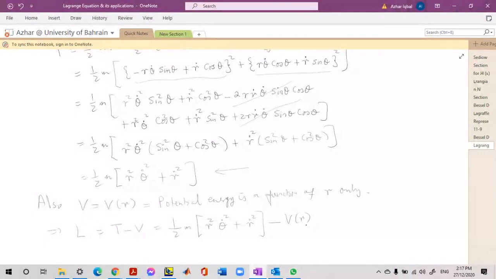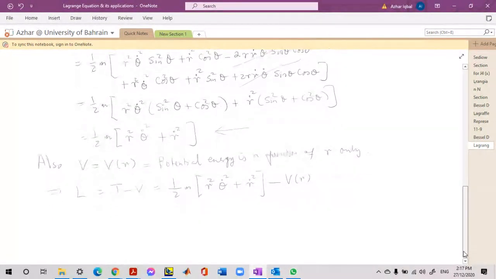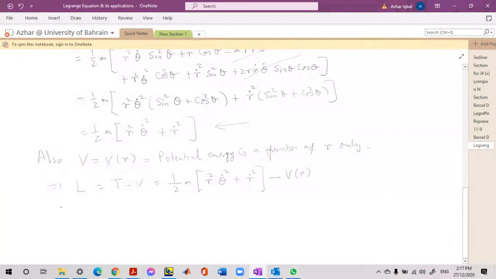Now consider the Lagrange equation. What it tells you is d over dt of partial L over partial q k dot minus partial L over partial q k is equal to 0.